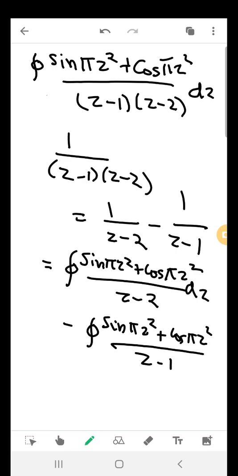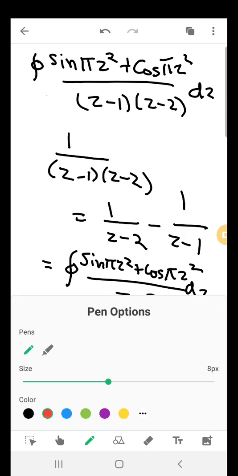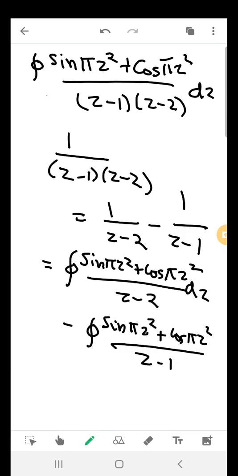So the poles, as you can see, for this integral the pole is at z is equal to 2, and for this integral the pole is at z is equal to 1, and these are simple poles.